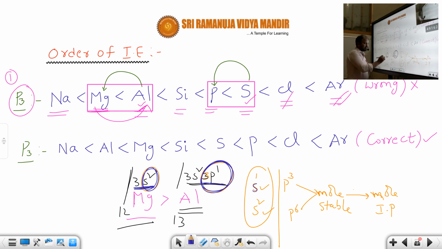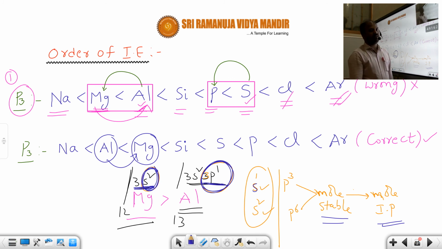But in the case of magnesium 3s2, s is completely filled. Whenever s is completely filled, that is more stable, so more ionization potential. So compared with aluminum, which has more ionization energy? Magnesium has more ionization energy because in its valence shell the s orbital is completely filled. That's why, being a more stable structure, it has more ionization potential values.